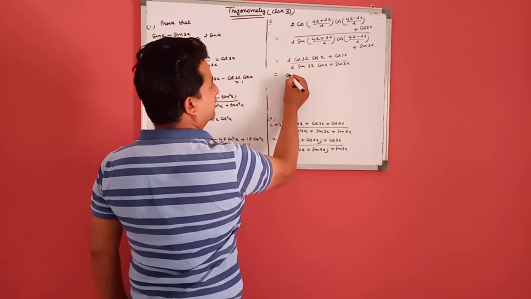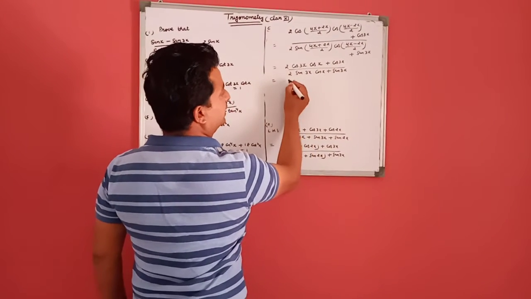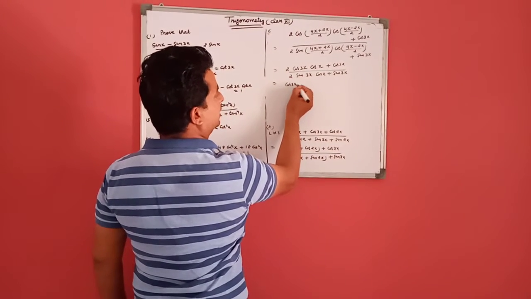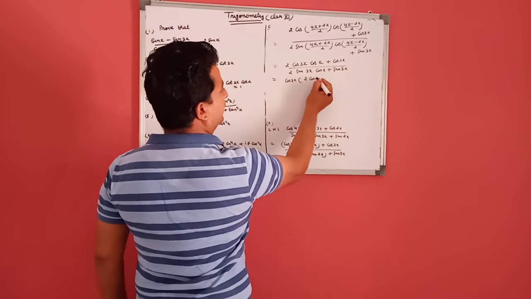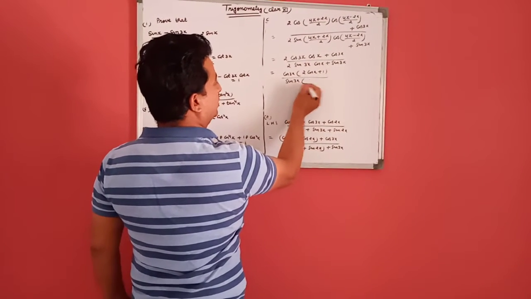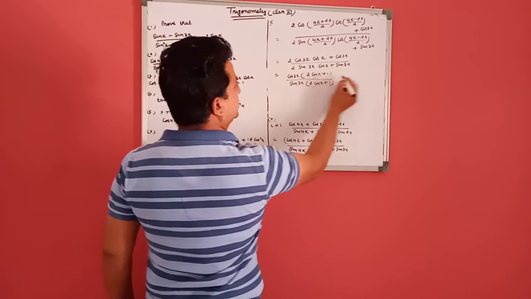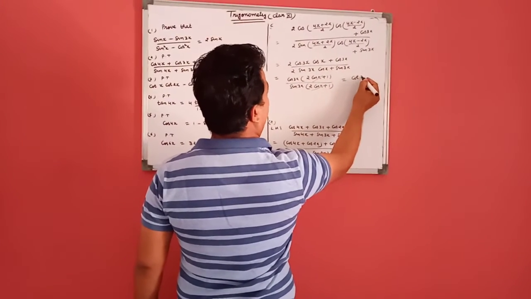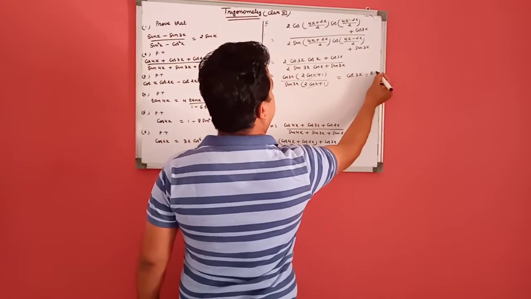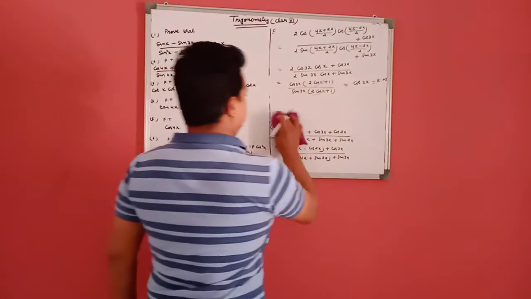When we take cos 3x common in the numerator and sin 3x common in the denominator, this cancels out and this is cot 3x. This is the right hand side of question number 2.